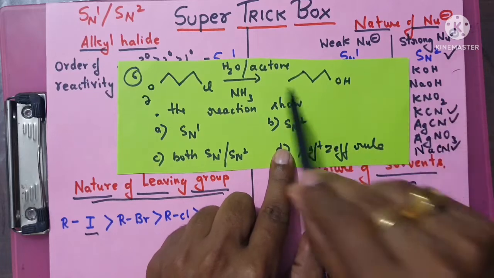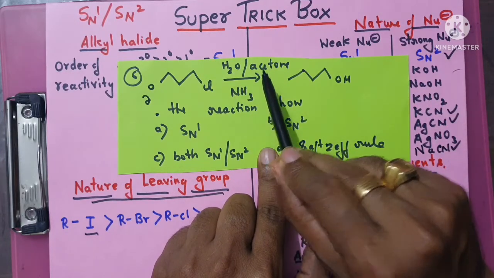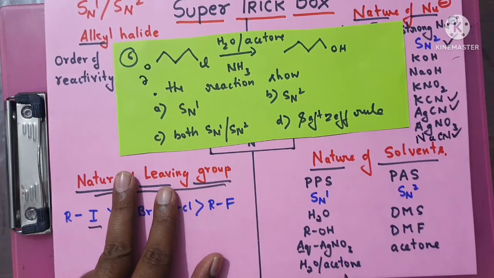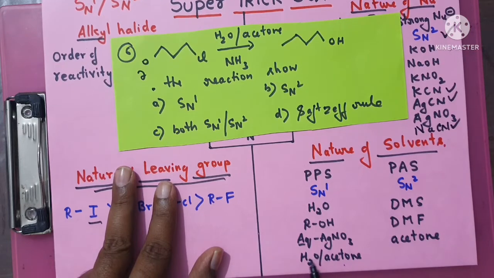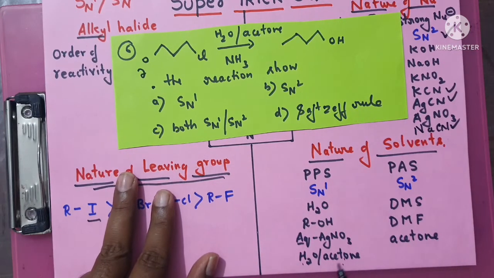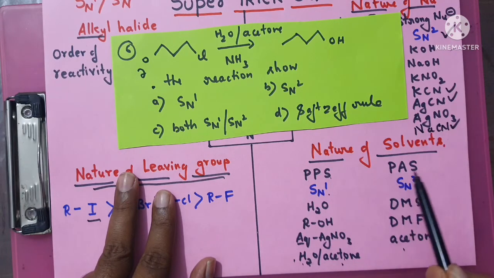And if you observe the solvent which has been given here, water with acetone, it is a polar protic solvent. Always remember, water with acetone is polar protic, which prefers SN1 mechanism. If it is only acetone, polar aprotic, that prefers SN2 mechanism.